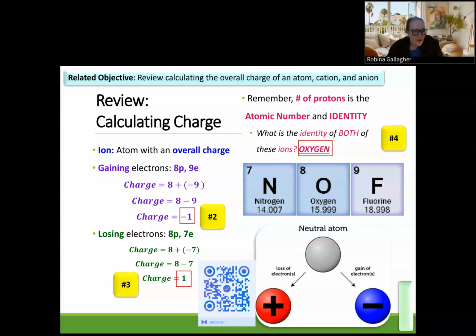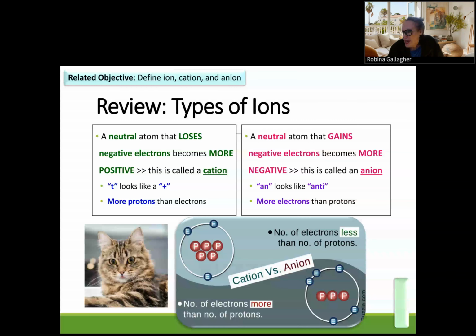Okay. So that's questions 2, 3, and 4. Do remember that any atom that loses electrons and becomes more positive is called a cation. We remember that because the word cat has a T in it, and sometimes the T looks like a plus sign.